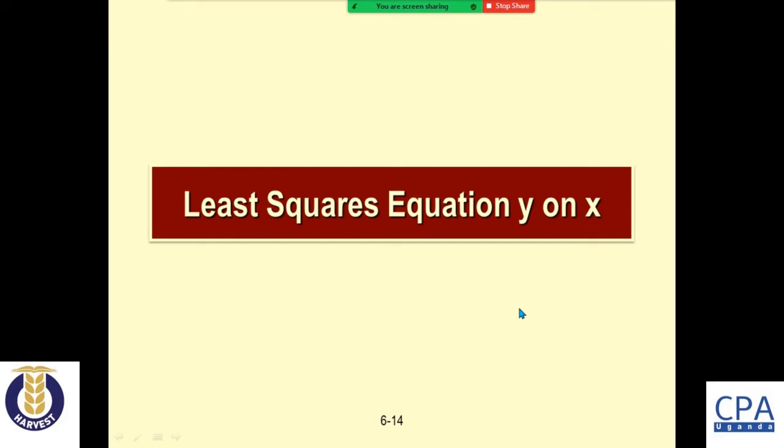So to clearly understand the application, we should be able to clearly understand or examine the least squares equation y on x.